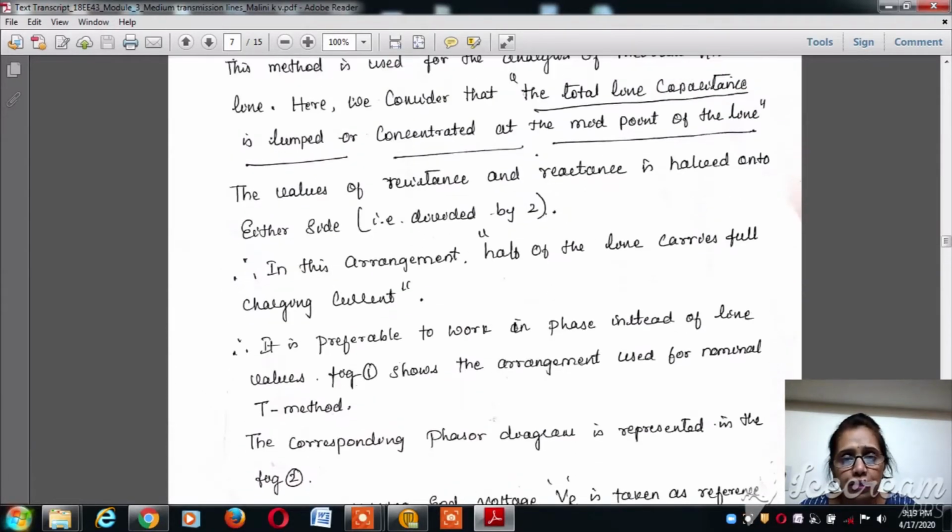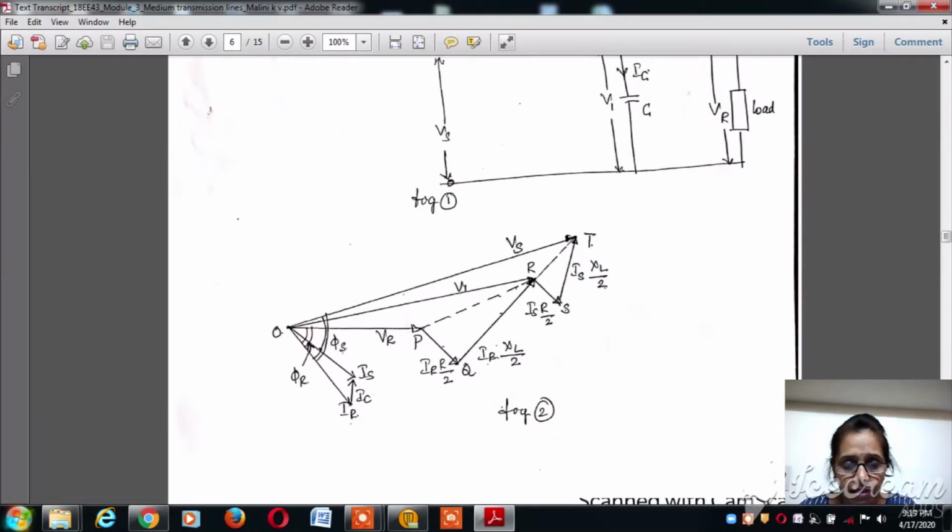Here also we consider VR, the receiving end voltage, as the reference vector. We can observe that the current IS is at an angle of phi s and IR is at an angle of phi r, and the vector sum of IR and IS gives us the total current IC. IR into R divided by 2 is the voltage drop across the resistance of one side of the line, in phase with the current IR.